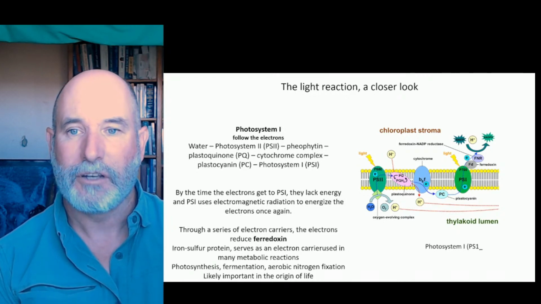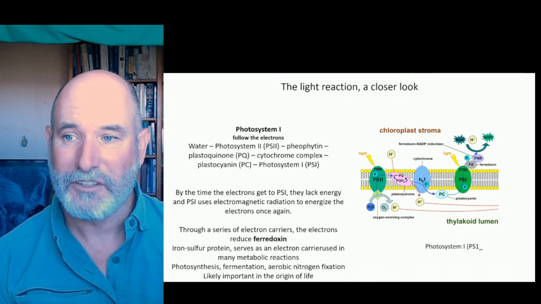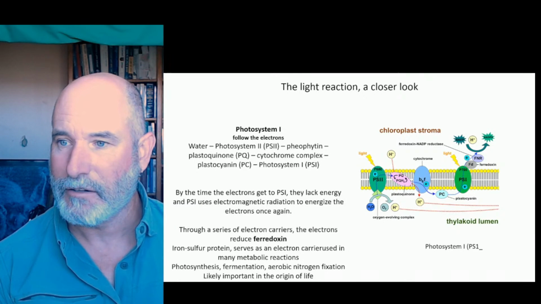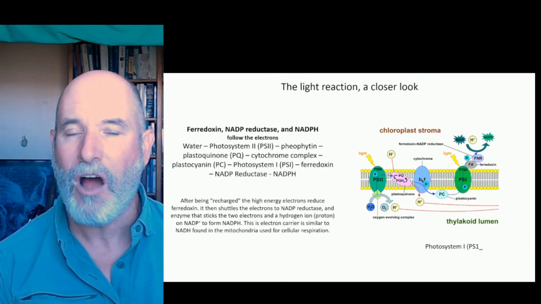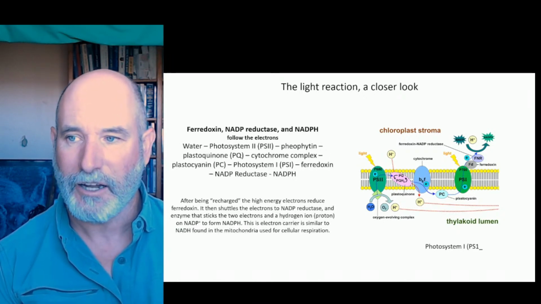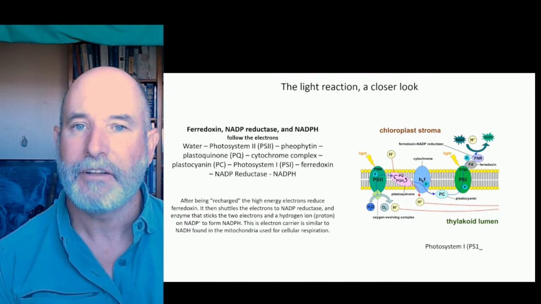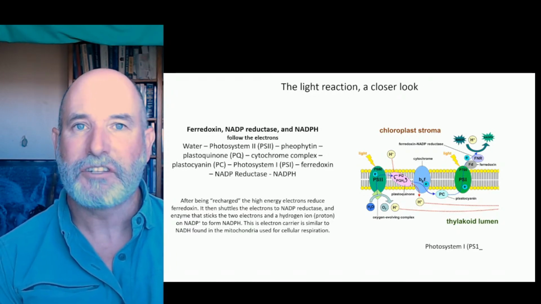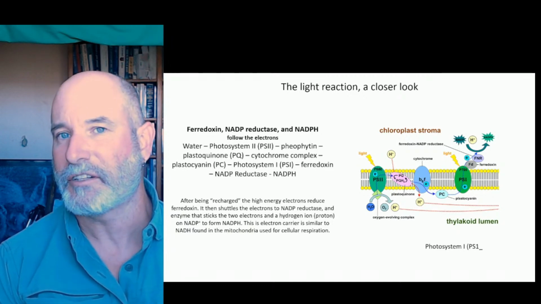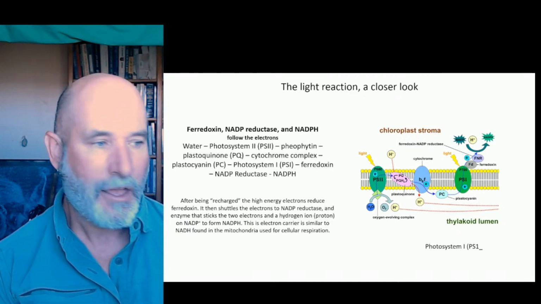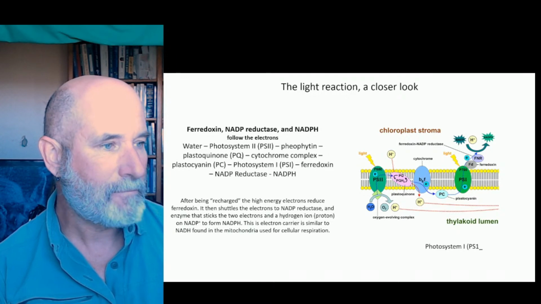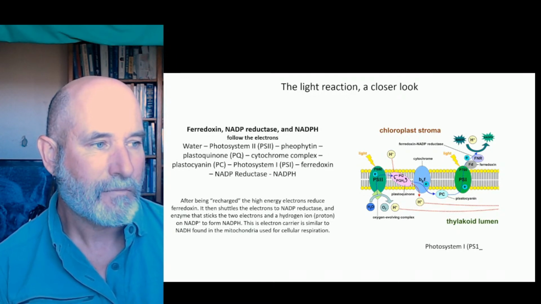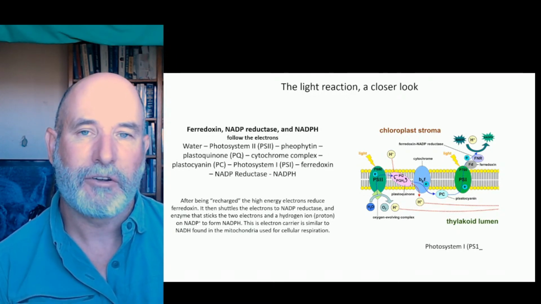Okay, so once it does that, we can take those electrons, elevated from photosystem 1. Now there's another really important electron carrier called ferredoxin. Ferredoxin is going to remove them from photosystem 1.